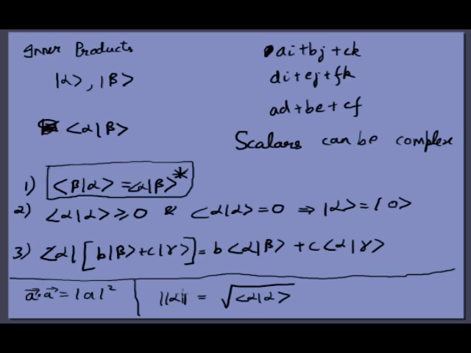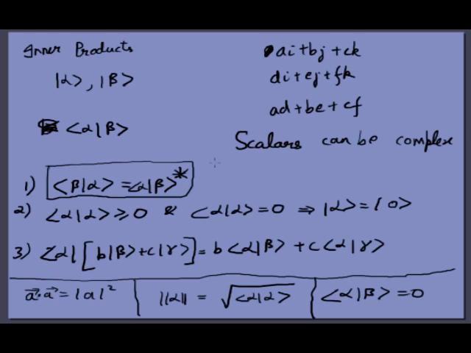So this is a generalization of the earlier magnitude, and there are some other definitions which are also generalizations. A unit vector is one whose norm is equal to 1. It is also called a normal vector. And two vectors are said to be orthogonal if their inner product is 0. So if alpha beta is equal to 0, this means alpha and beta are orthogonal.